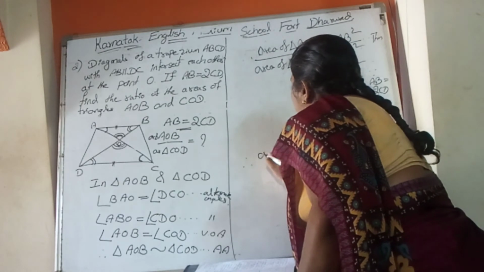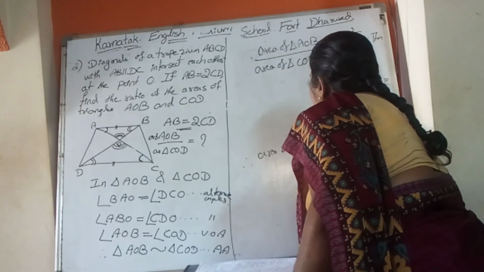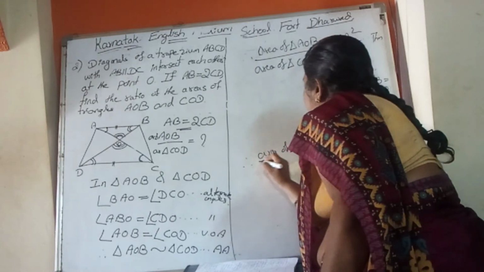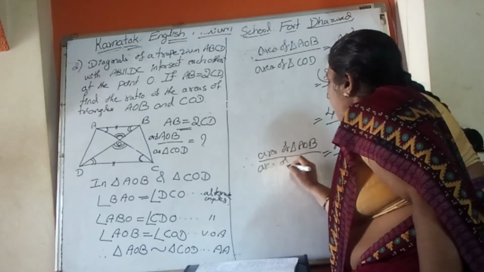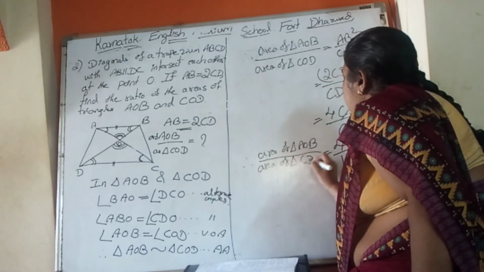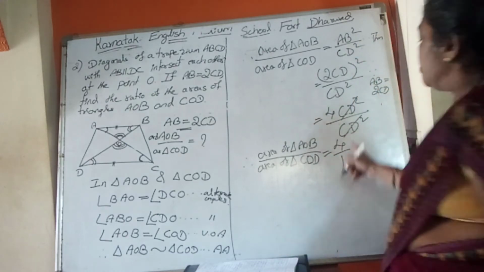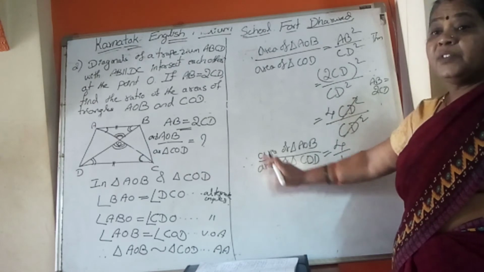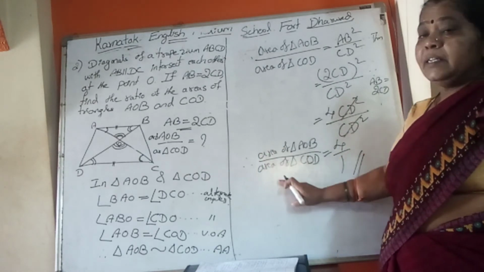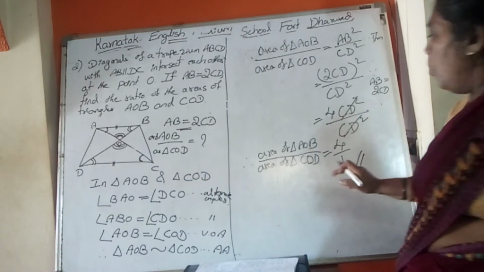Therefore, the ratio of the area of triangle AOB to the area of triangle COD equals 4:1. What is the ratio of the areas of these two triangles? 4 upon 1.